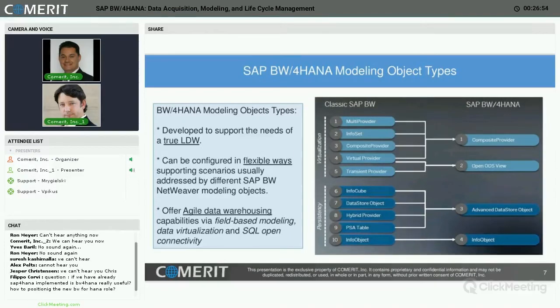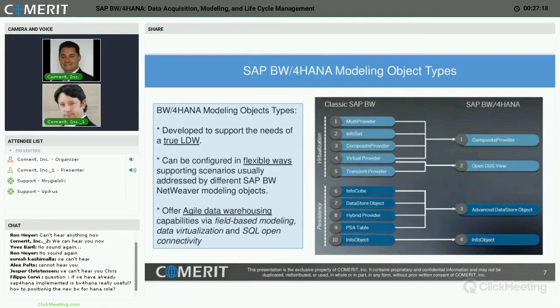An OpenODS view is your virtualization tool, let's say. It's an element that can be used to virtualize data from external sources to the BW application, and then you could combine that virtualized data with some persistent data in a particular composite provider.